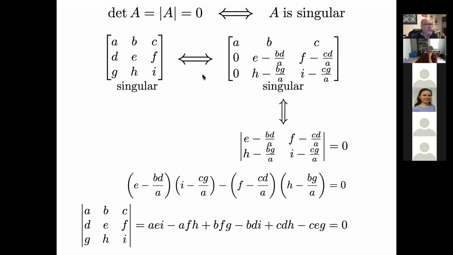So do elementary row operations on this matrix until you clear out the 2 zeros below the A. And then if you think about it, this matrix is singular precisely when this 2 by 2 piece down here in the bottom is singular, right? These 3 vectors are only going to be linearly dependent if these 2 vectors are linearly dependent.